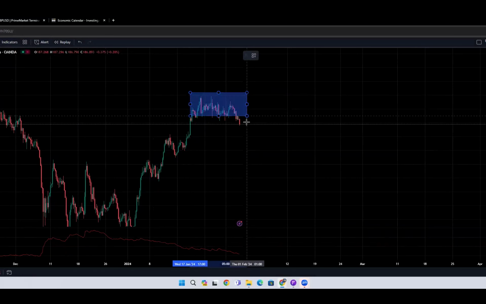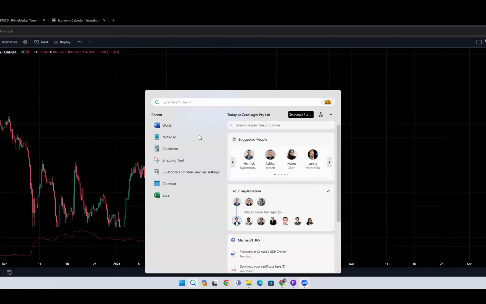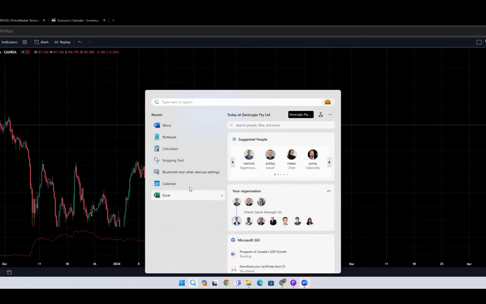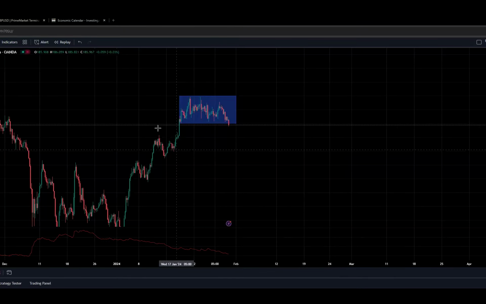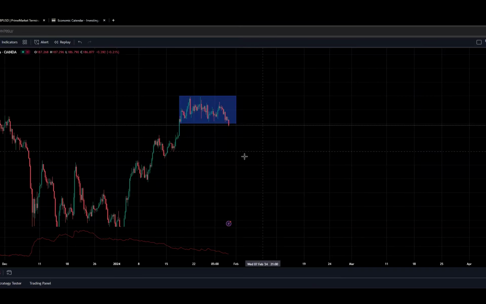Now let's assess this. So we have a range here. What is the volatility from the past 50 candles? So 518. So that's pretty not volatile for pound yen. It used to be a little bit more volatile, but let's see something here. 518 times 6, that's going to give us 3,100.